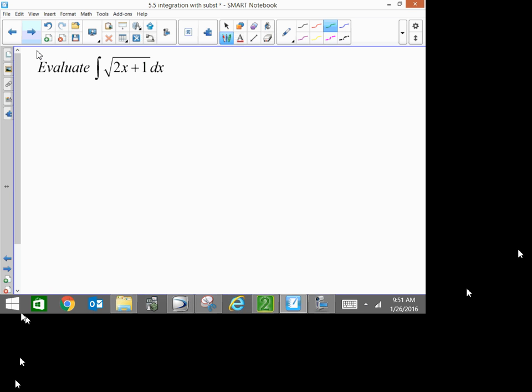Okay, so any suggestions about what you might be able to let u be? 2x plus 1 seems like a logical thing because that's the innermost of the function. Okay, so du/dx equals 2. So du equals 2 dx, good.